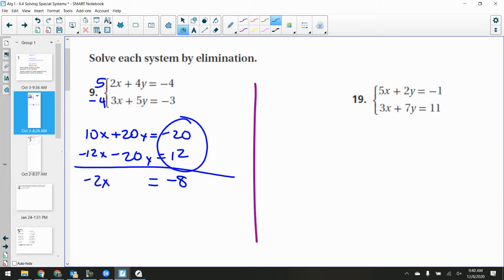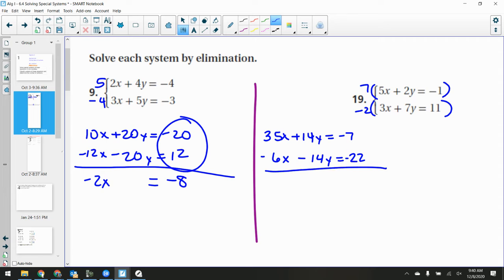Let's go. Okay, so the top I'm going to multiply by 7, and the bottom by -2. One of them's got to be negative. So the top becomes 35x plus 14y, -7. The bottom becomes -6x minus 14y, -22.